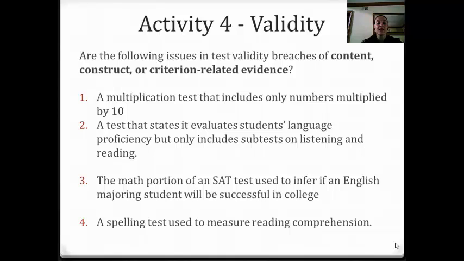Okay, so for activity number 4 on validity, it follows very similar to what we've done before. You'll find this activity sheet in the unit that you're watching this video. What I'd like you to do is look at the following 4 issues in test validity and try to figure out if each represents content, construct, or criterion-related evidence.